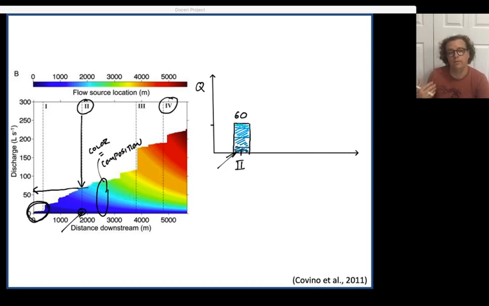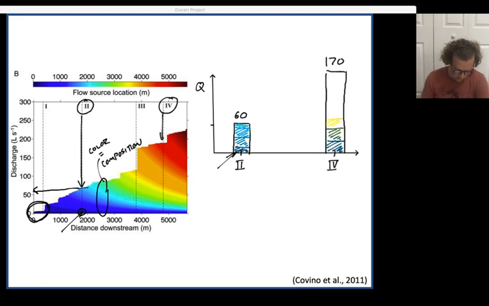So it has flowed in somewhere between 0 and this point. If we look over at point number 4, we can construct a really similar bar. The spatial origin of this water shows up as the color of those stacked bars.